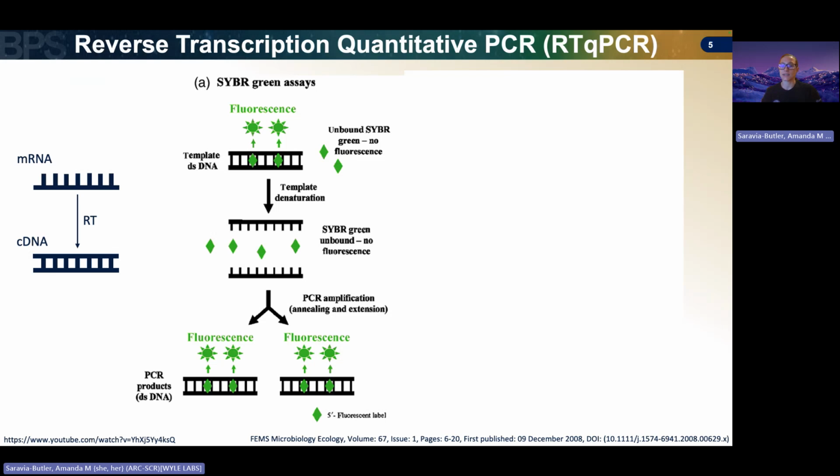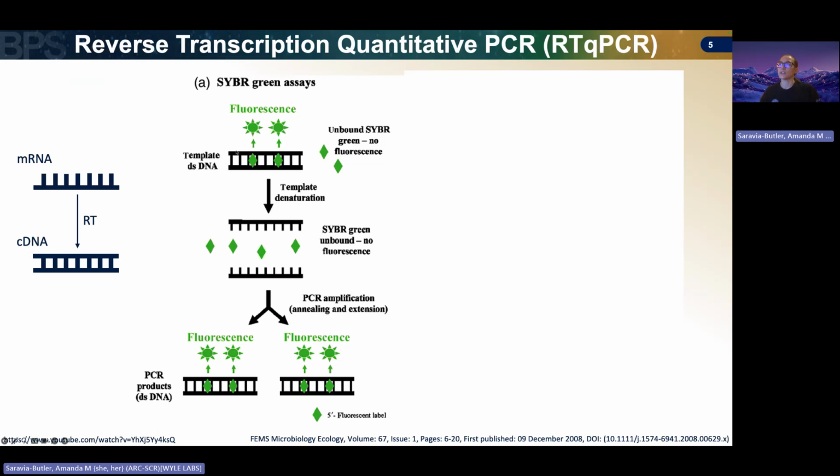It's going to have the same reagents that we saw in the previous slide. However, in this type of RT-qPCR, we're going to add in a molecule called SYBR Green. SYBR Green binds to double-stranded DNA, and once you excite it with light, it will release a fluorescent signal that we can detect.